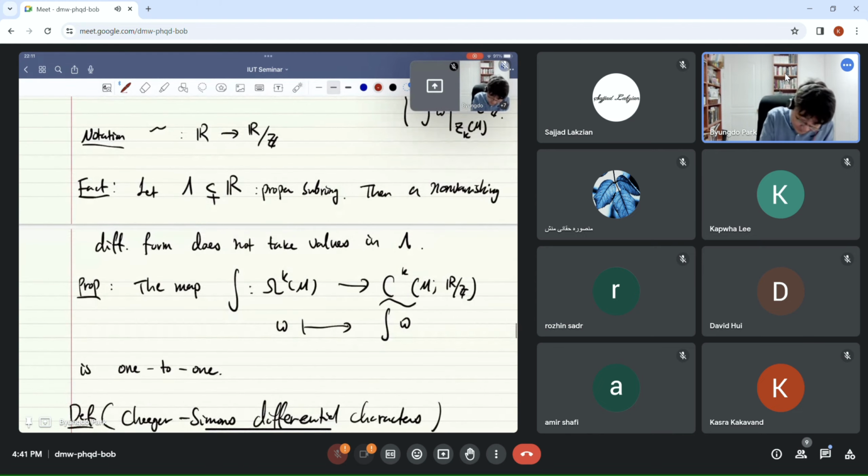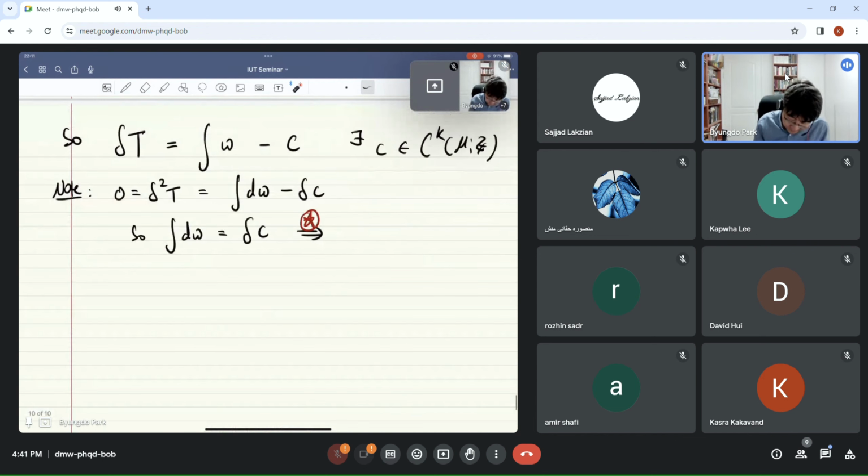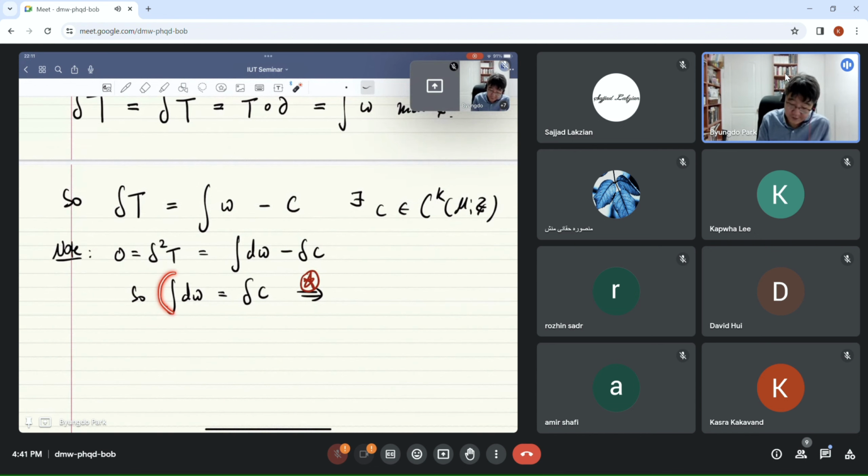I said this is going to be useful. If lambda is a proper subring, the differential form cannot take values only in lambda, right? So now you see this is a real differential form, and this becomes a real cochain, and this is an integral chain.